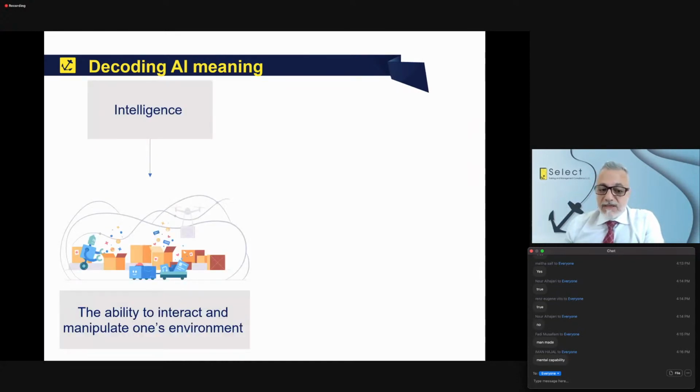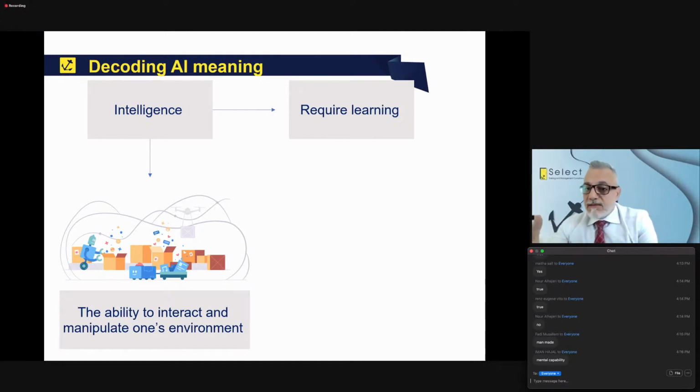So intelligence is the ability to interact and manipulate one's environment, but intelligence requires learning, correct? If I have to be an expert in a certain field, I need knowledge, skills, and experience to be able to apply them in better decision-making.